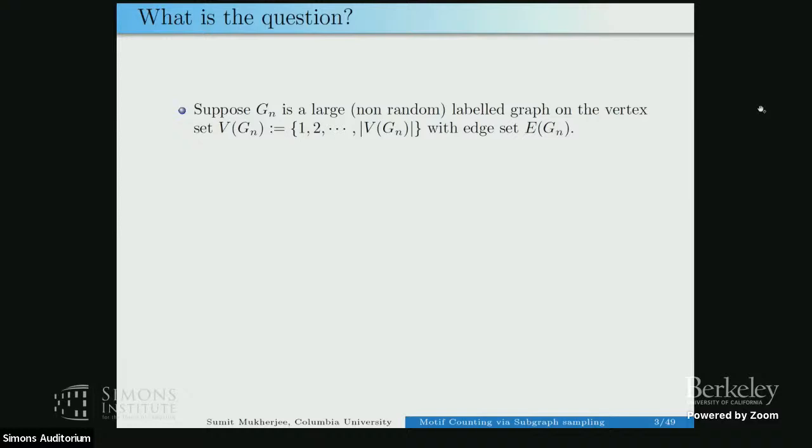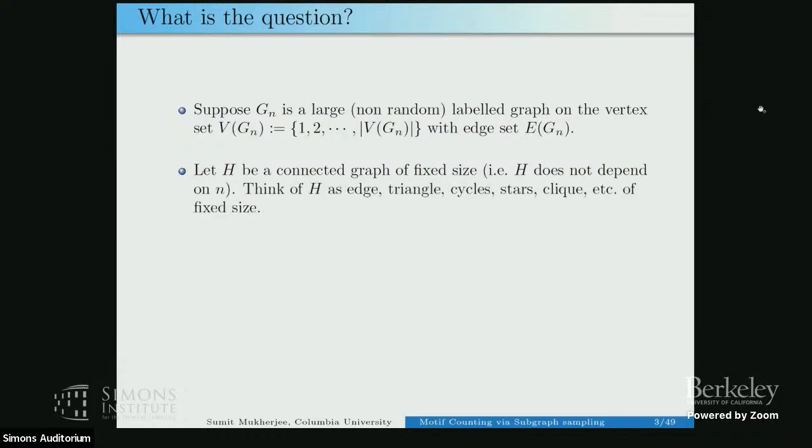You don't know this graph. This is a big graph, you don't see this. And H is a connected graph of fixed size, think of the usual candidates. H is an edge or a triangle or any motif that you like, stars, cliques. H does not change with n. And I'll assume H is connected. The story should remain the same if H is not connected.